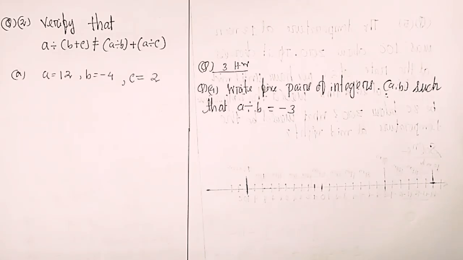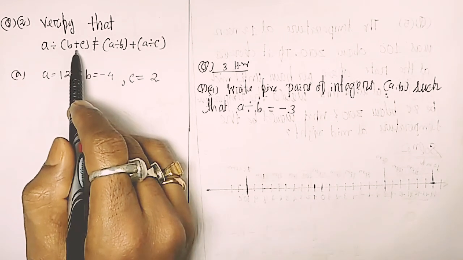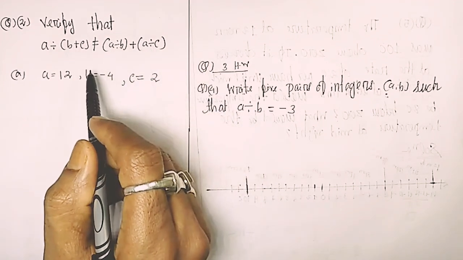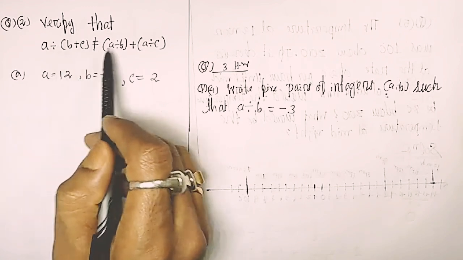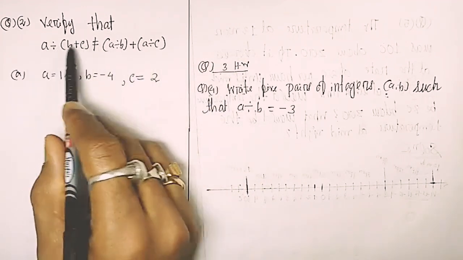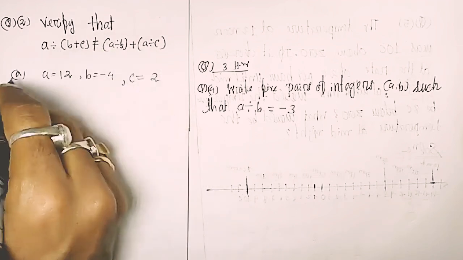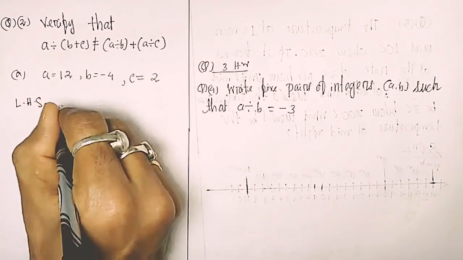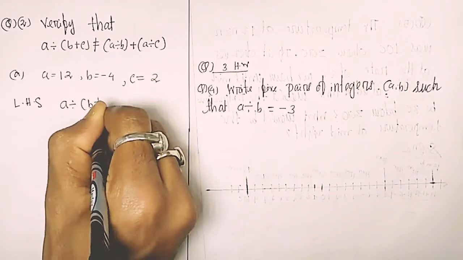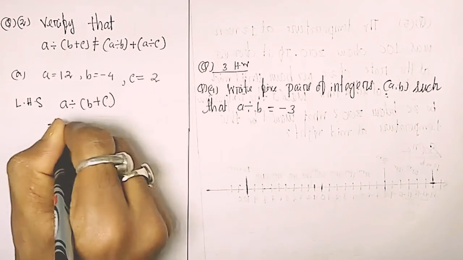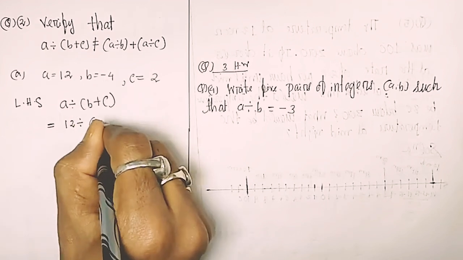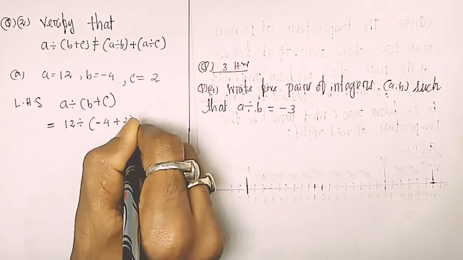So this is the second question in front of you. Verify that A divide B plus C not equals to A divide B plus A divide C. In this case, the values of A, B, C are given. First of all, we should write down the left hand side. Left hand side: A divide B plus C. A means 12, divide, B means minus 4, C means plus 2.